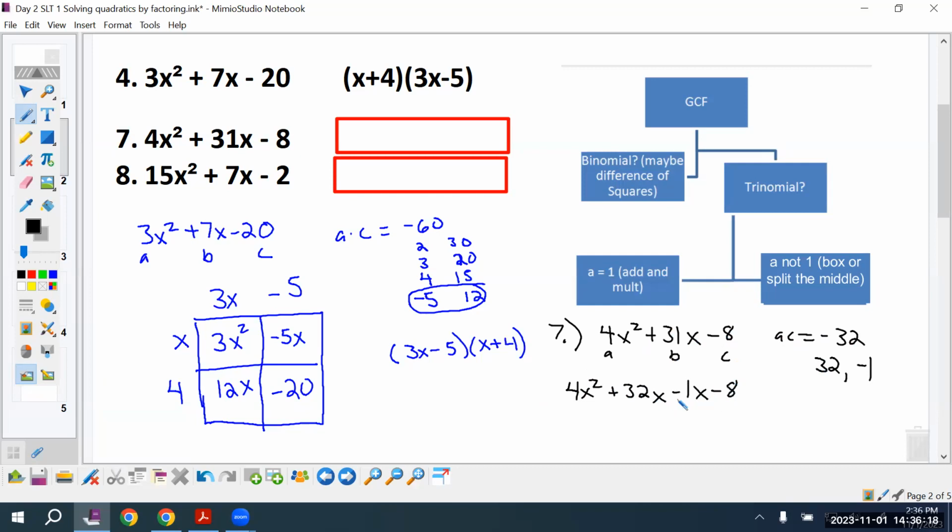Oh, and here's that situation again. I know that I'm going to be taking a negative 1 and a 4x. Oops, got the minus 1.